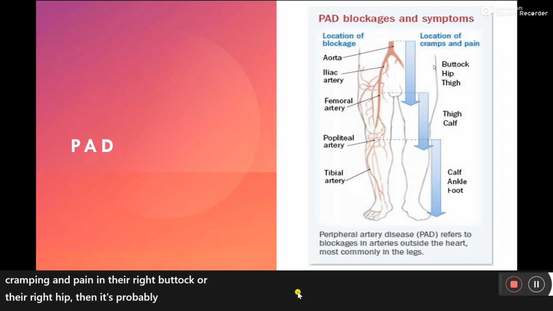So if the patient is having left thigh issues or left calf issues, then we want to look in the external iliac artery. We want to look at the femoral arteries. We want to look at the, what's not listed here is the superficial femoral artery, which is what arises after the femoral artery. And then after that, you're going to have the profunda, which is over here, which will kind of help feed the side of the calf.